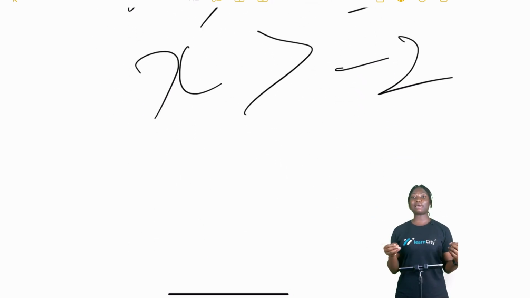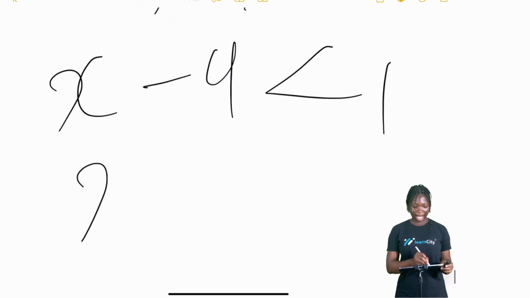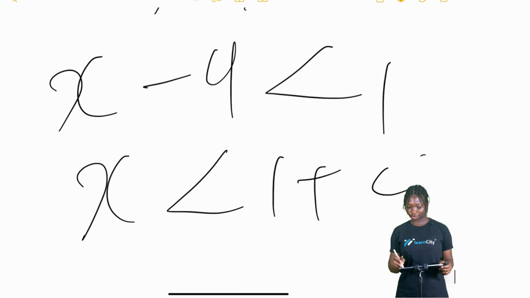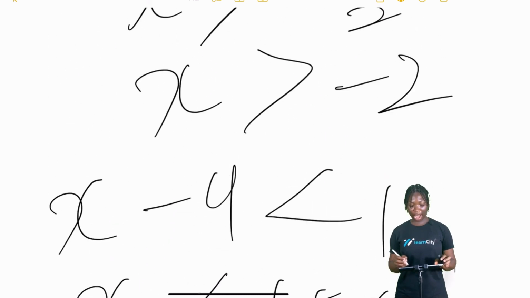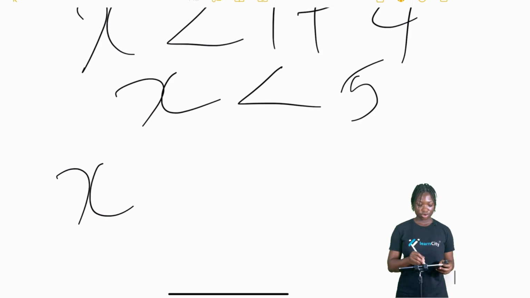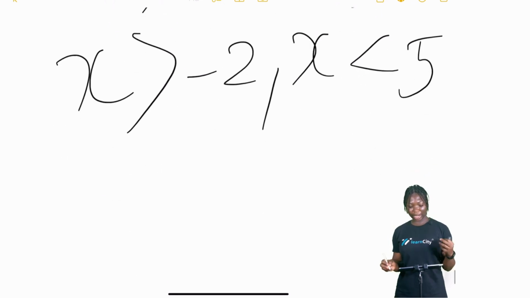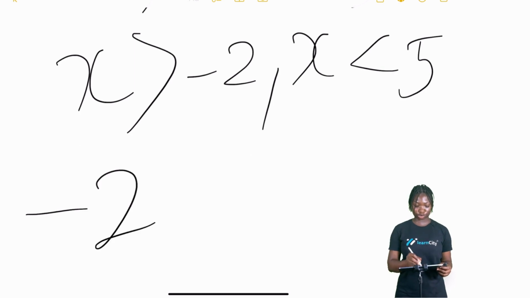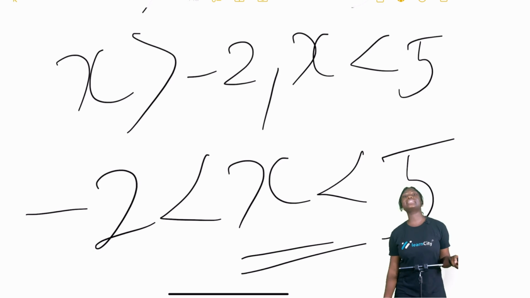Then we have x minus 4 less than 1, so x is 1 plus 4, which is 5. So we have x greater than -2 and x less than 5. We can easily write it as -2 less than x less than 5. This is combining two different inequalities into a single inequality.